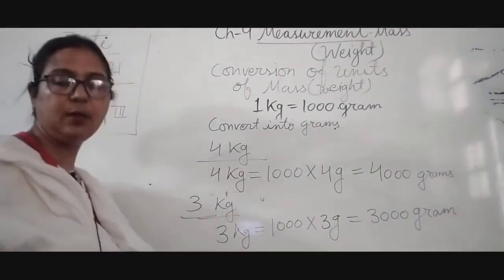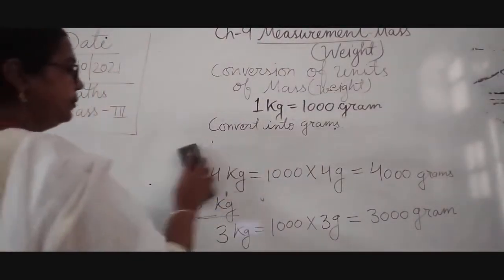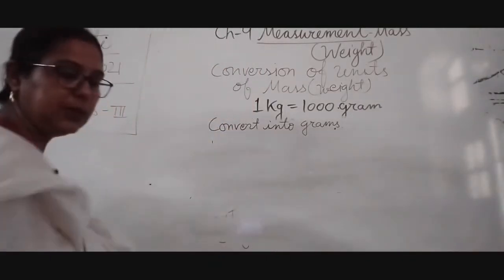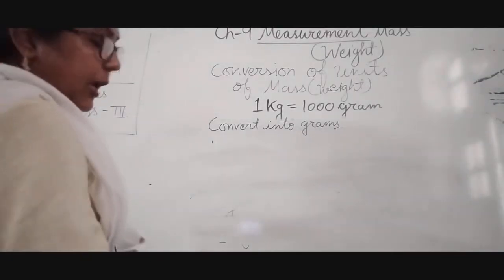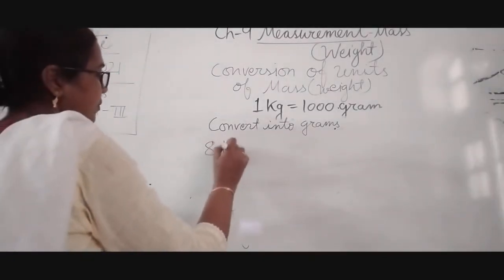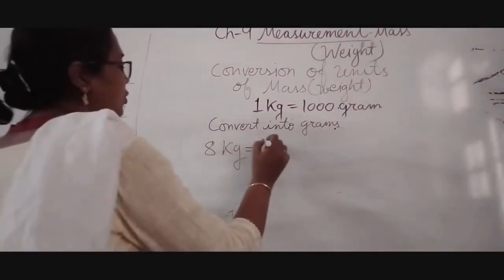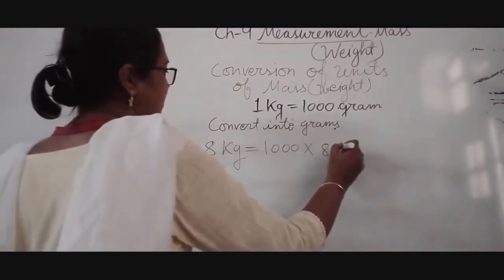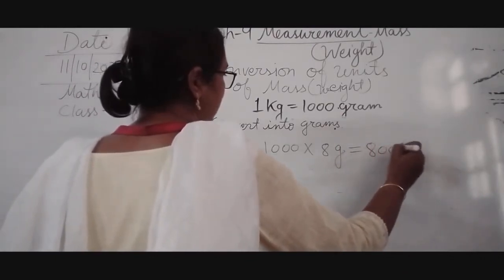Now one more example we will see. Suppose we want to convert 8 kg into grams, so 8 kg equal to 1000 multiplied by 8 grams, equal to 8000 grams.